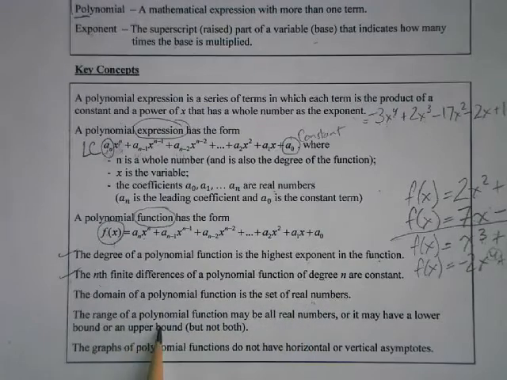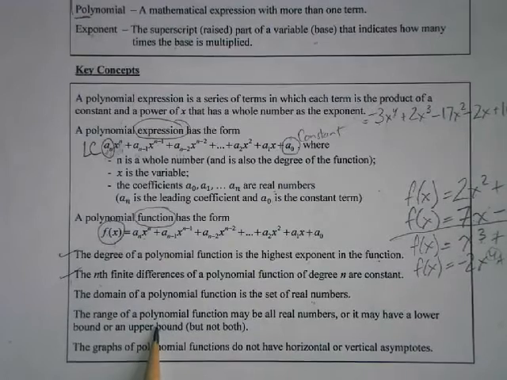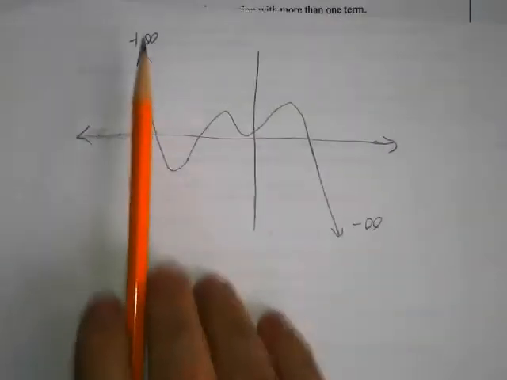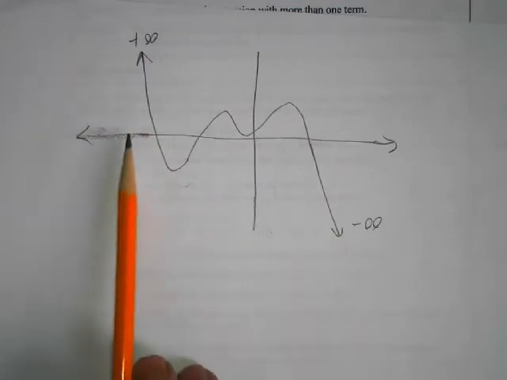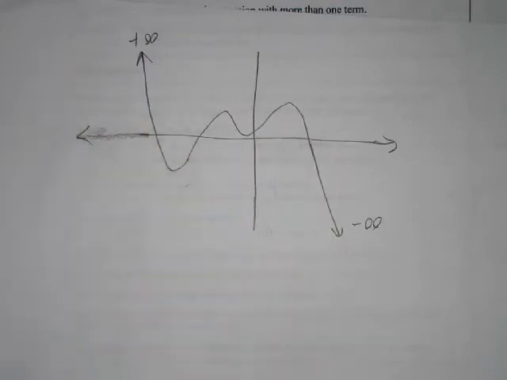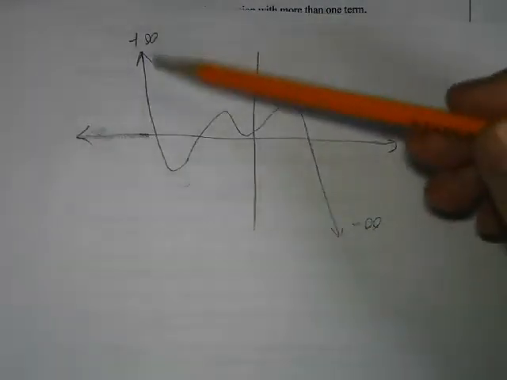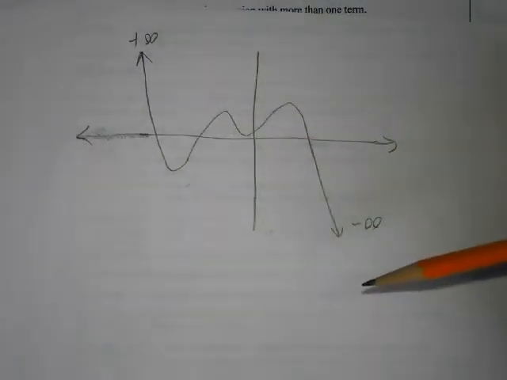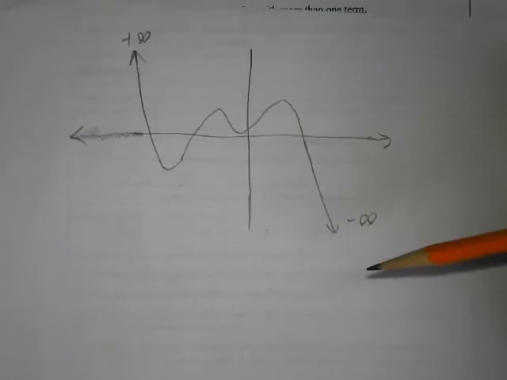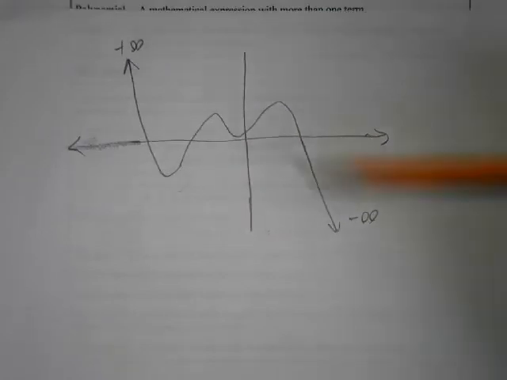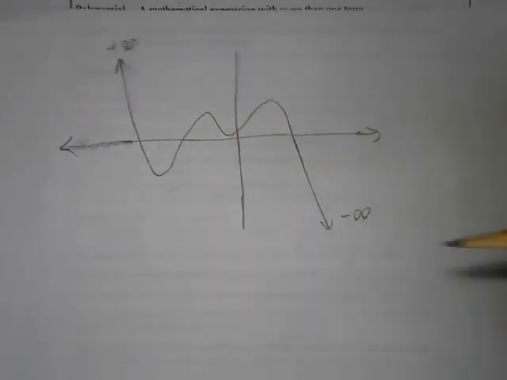Now, the range, and we're going to talk more about this in the next lesson, actually depends on the degree. You'll be able to look at this graph and tell me something about the leading coefficient and the degree of the polynomial function.